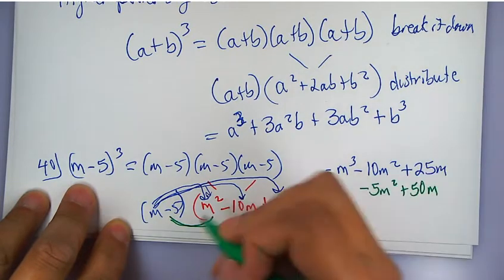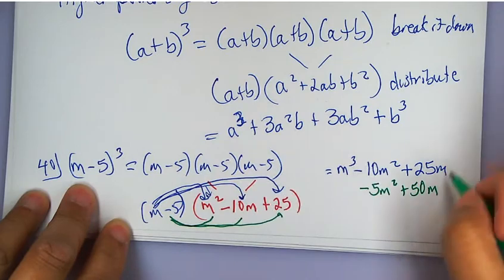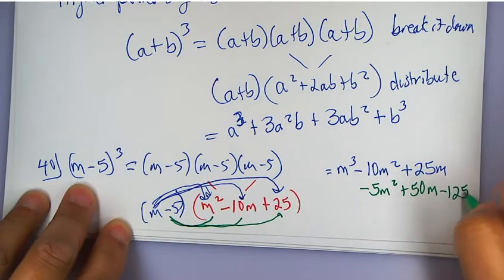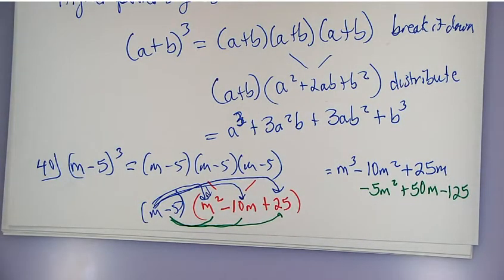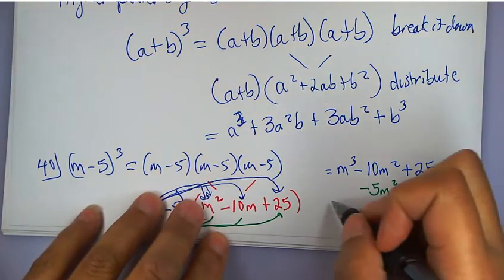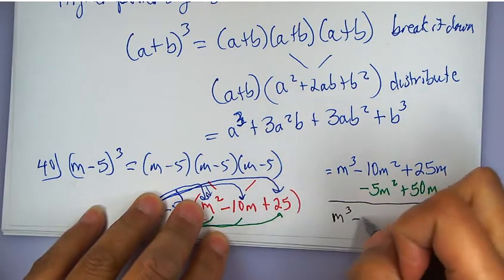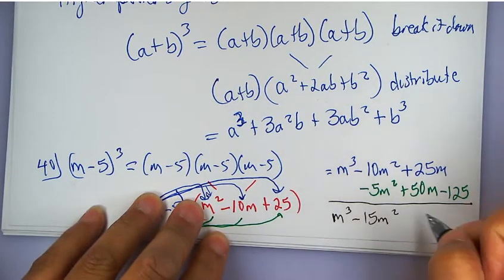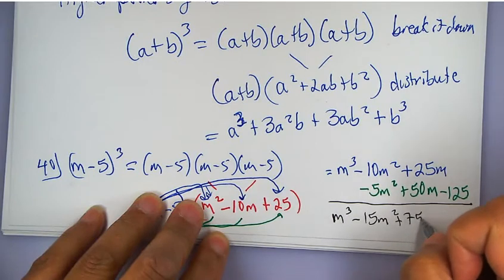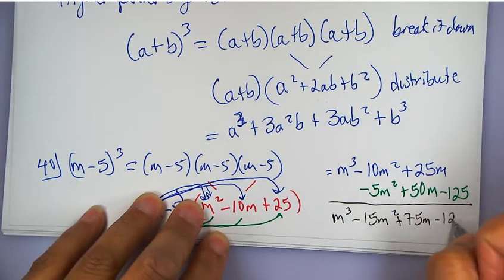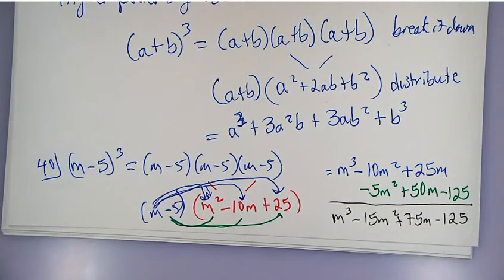And negative 5 times 25, which is a negative 125. Once we do that, let's add it. We end up with m cubed minus 15m squared plus 75m minus 125. And guess what? That is our answer.